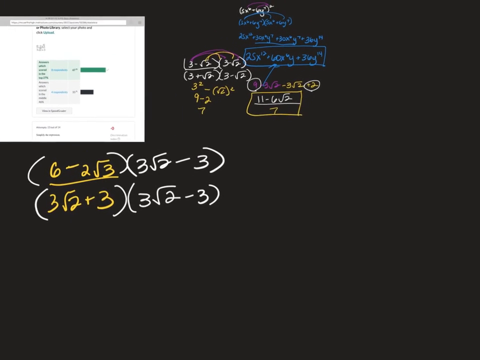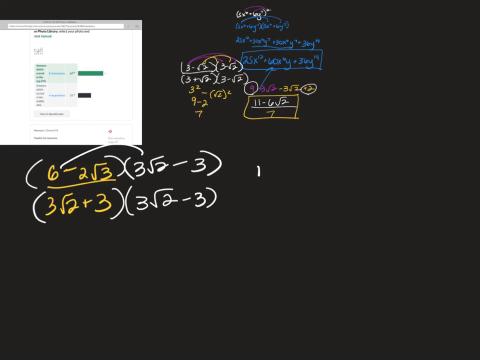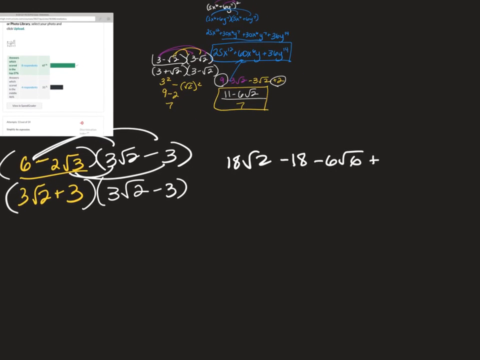So in the numerator, when you FOIL this out, this would have been 18 root 2 minus 18 minus 6 root 6 plus 6 root 3. And that couldn't have been simplified, so it should have been that big long thing for the numerator.